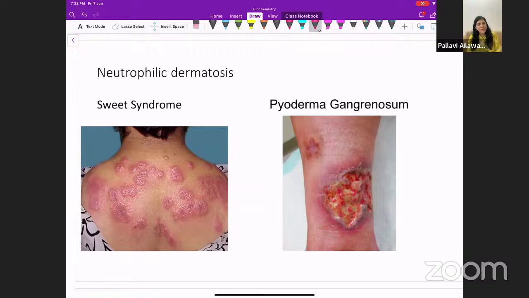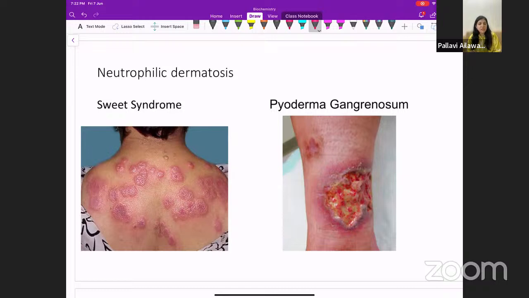And can you tell me one test that is positive here? Can you tell me one test that is positive in pyoderma gangrenosum or Behçet syndrome in which we inject 0.1 ml saline into the arm of the patient?